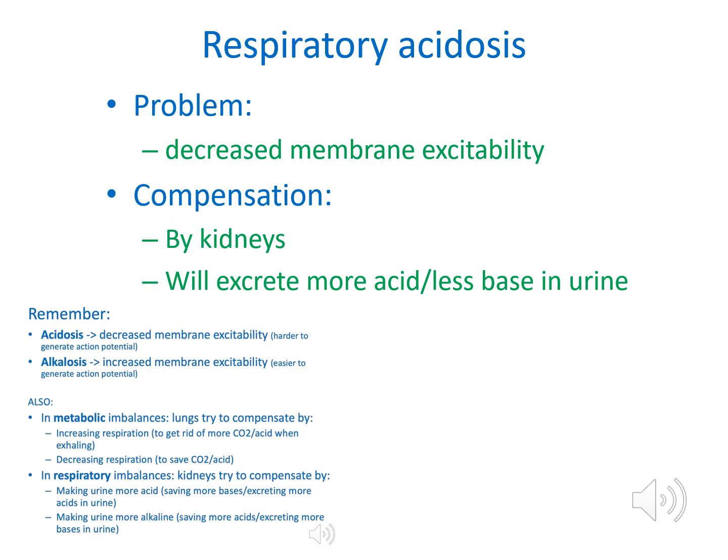So you remember that acidosis depresses membrane excitability, so you're going to expect to see headache, confusion, stupor, coma. If you think about it, those are the symptoms of hypoxia and hypercapnia, right? With the hypoxia, you get the confusion and the stupor and poor brain function because your brain's not getting enough oxygen.